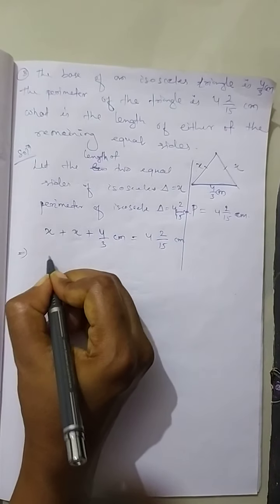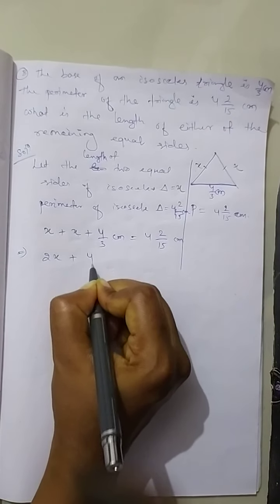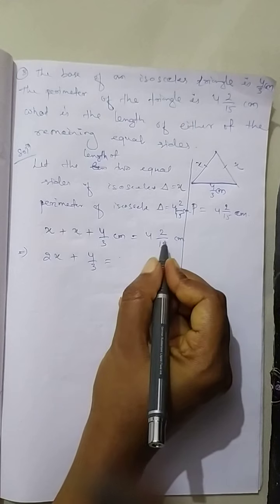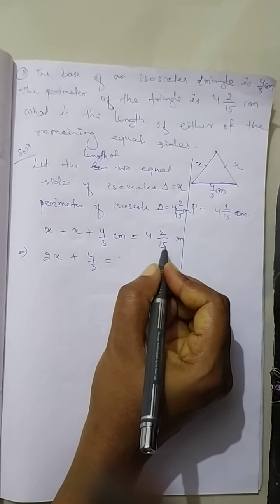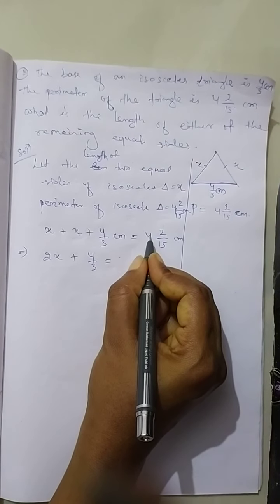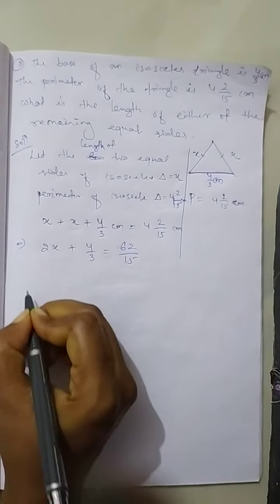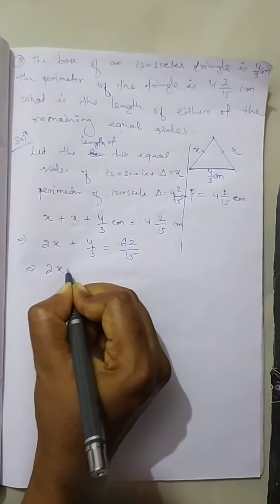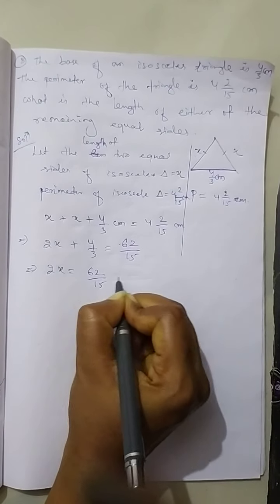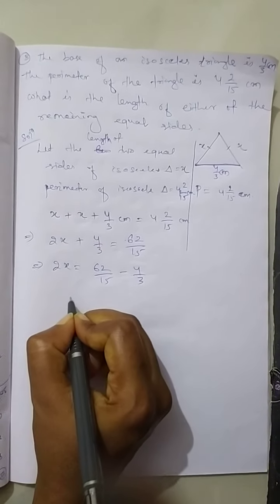So x plus x is 2x plus 4 by 3 equal to 4 whole 2 by 15, meaning 15 into 4 is 60, plus 2 is 62 by 15. Then 2x equal to 62 by 15 minus 4 by 3.